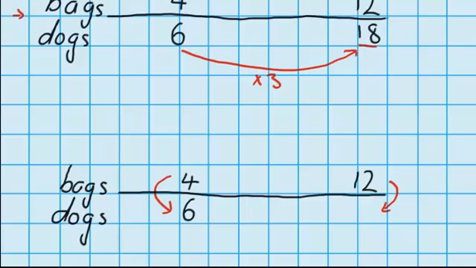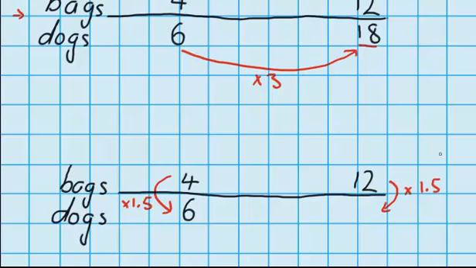Now because I know that 4 times 1 is 4 and 4 times 2 is 8, I know that I'm actually going to have to multiply 4 by 1.5 to get to 6. So that means when I come over to this side, I'm going to have to multiply 12 by 1.5. And again, you can see that this is much harder than what we were doing in the between strategy.